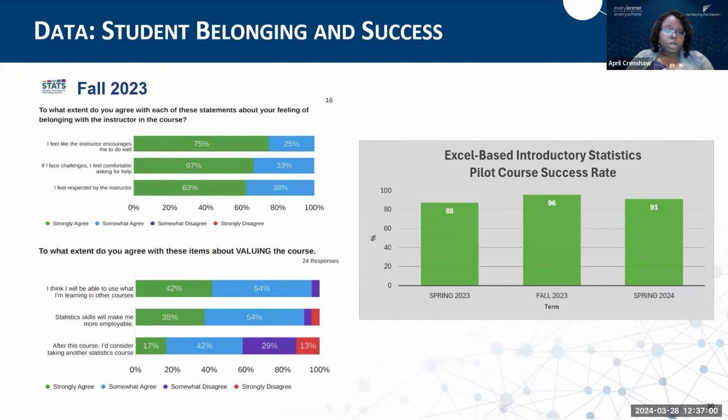In that first chart, you can see that all 24 participants answered that they felt like the instructor encouraged them. They all either strongly agreed or somewhat agreed that they could ask for help, strongly agreed that they feel respected, agreed, and strongly agreed, and agreed.